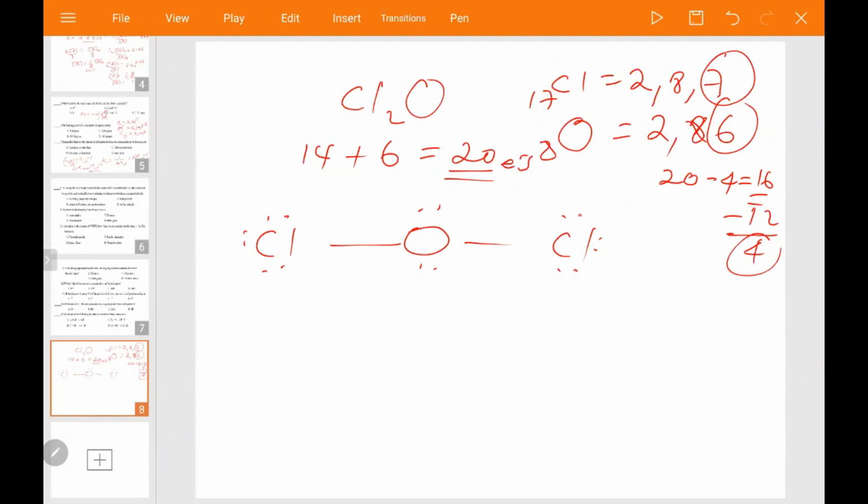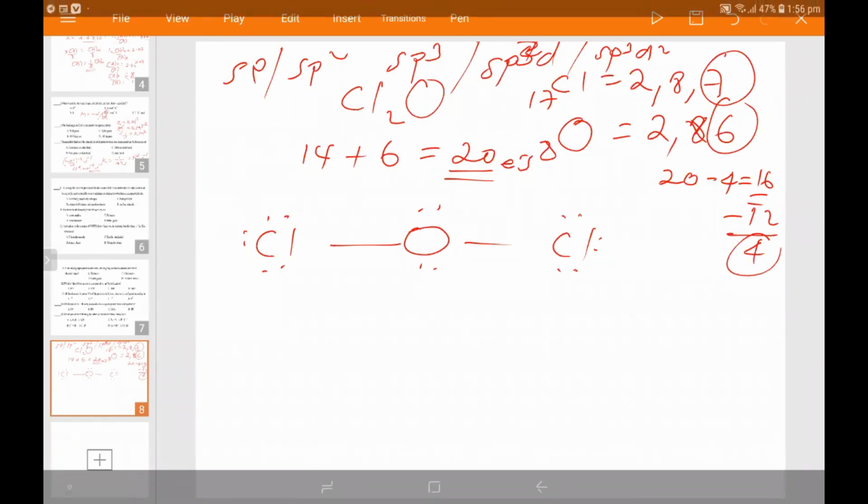So this is the structure of Cl2O. So what type of hybridization is it? Is it sp, sp2, sp3, sp3d or sp3d2? Which is the correct hybridization for this?